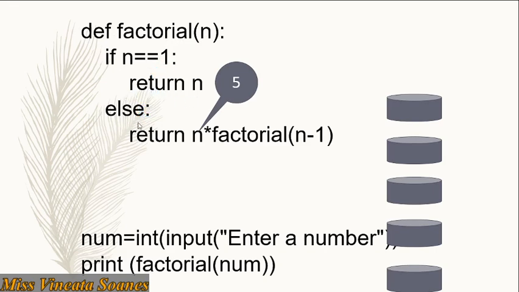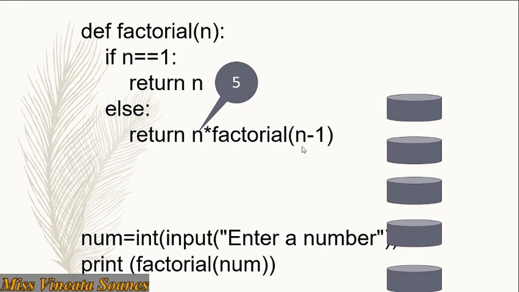It comes to the else part, where you're trying to return 5, but you are multiplying it with something, and that something is, again, a call to this function. And what is this function? Factorial is your own function. So this is recursion. You are calling it again, but this time, have a look, you are not sending the same value, that is n, which is 5.